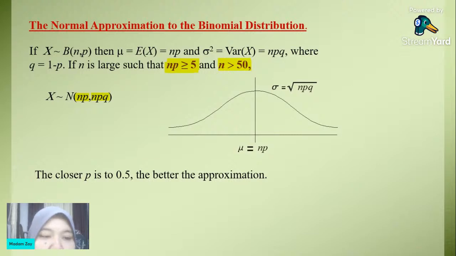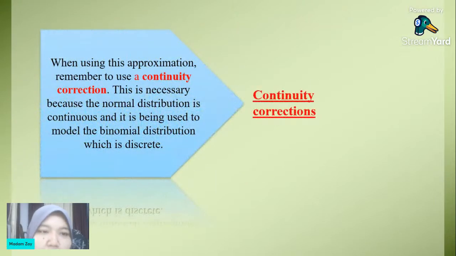Okay, the closer p is to 0.5, the better the approximation. It means that p is about half, so the chance of success is about the same as failure, and the approximation is better. When using this approximation, remember to use the continuity correction.